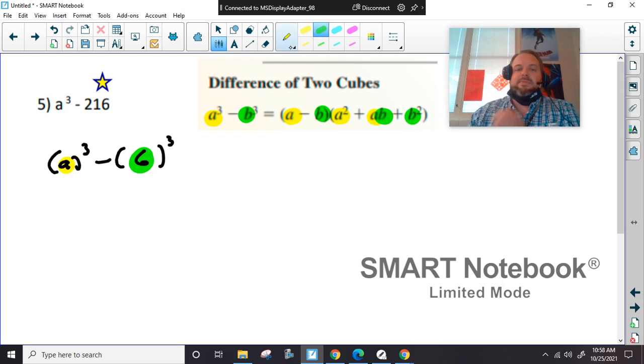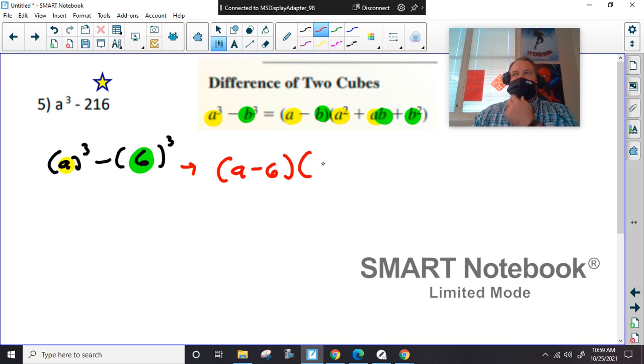All right. Ready? So this becomes now a minus 6. Okay, it says a squared. Well, that's actually a squared, so that's easy. A squared plus, I wonder what 6 times a is. 6a. All right, we got one.